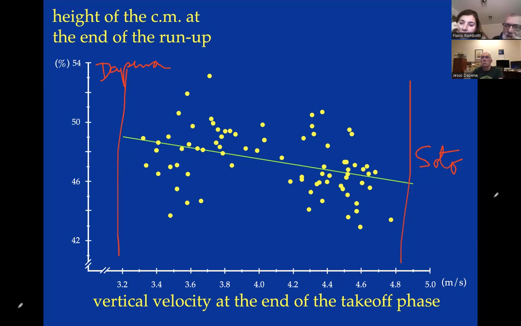So he jumps a certain height, and then somebody tells him, hey, I've heard that if you come a little bit lower, you may jump higher. Okay, so he tries, makes a jump, and he comes in now at maybe 52% of standing height. And maybe in this jump, you'll see that he jumps higher. Like, oh, that is very good, jumped higher.